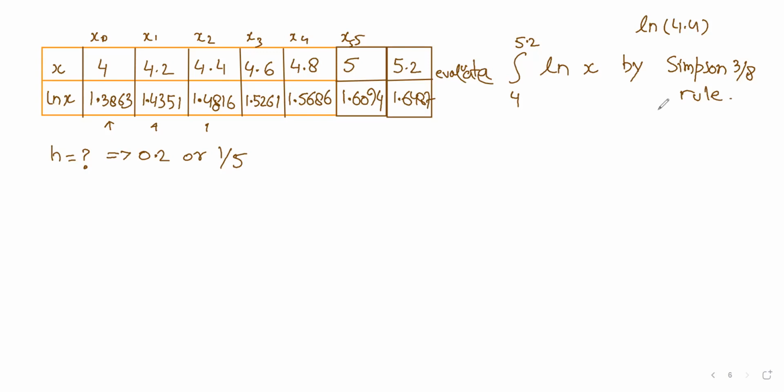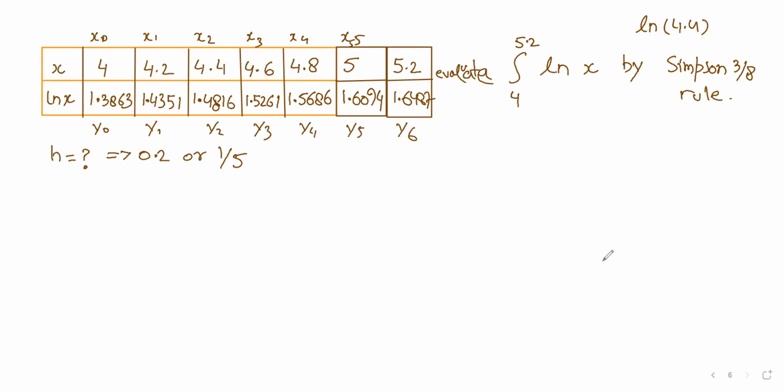By Simpson 3/8 rule. So in here, we already know that h is equal to 0.2, and then we have x0 and the corresponding values y0, y1, y2, y3, y4, y5, and y6.